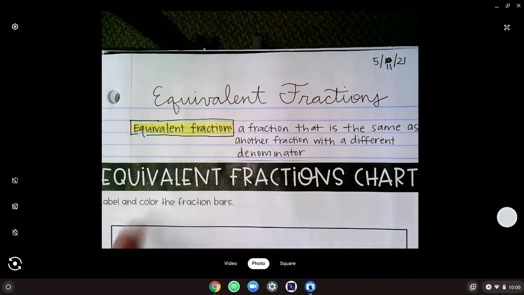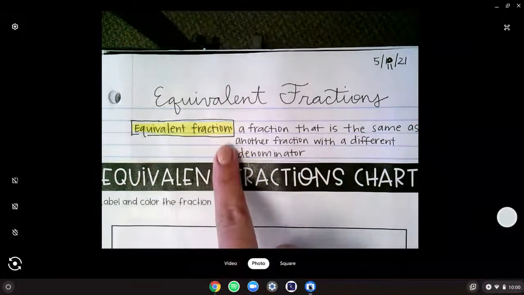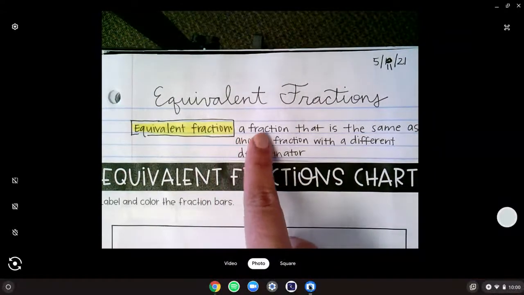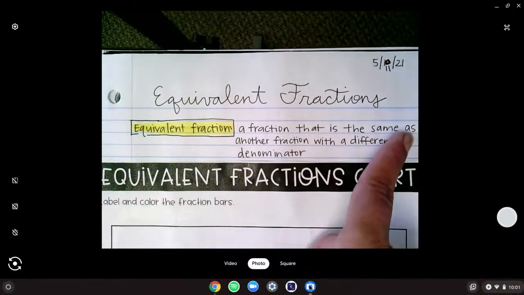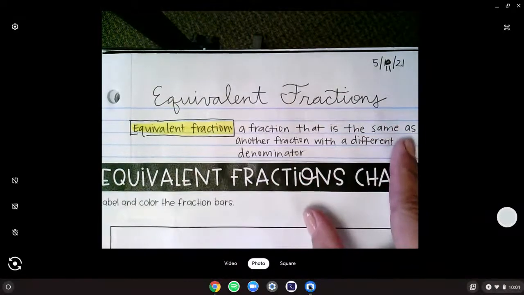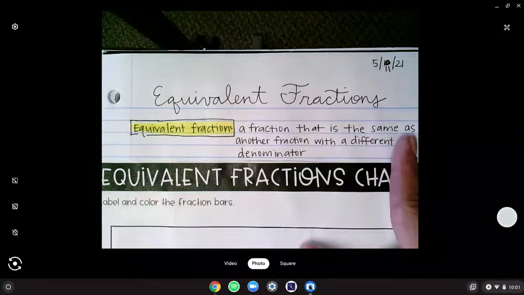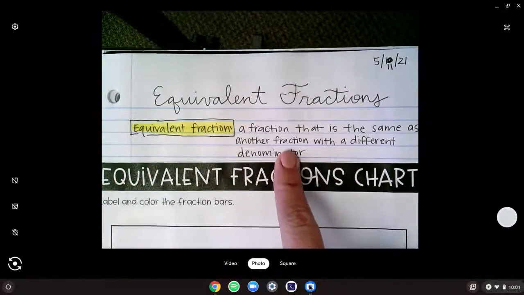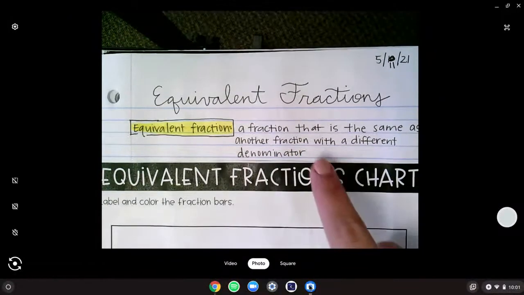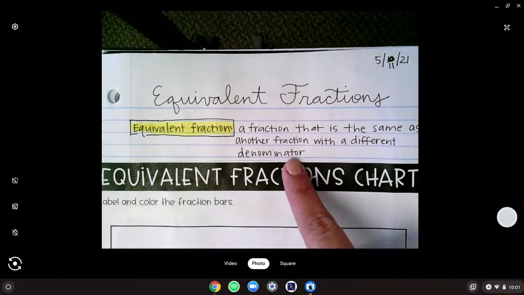Equivalent fractions. Now, for most of us, this is our first time learning about them, so I want you to write down the definition so you remember. An equivalent fraction is a fraction that is the same as, that's where that equal part in the word comes in. It's the same as, oh, my neck just crunched really hard. Oh, all right. As another fraction with a different denominator.